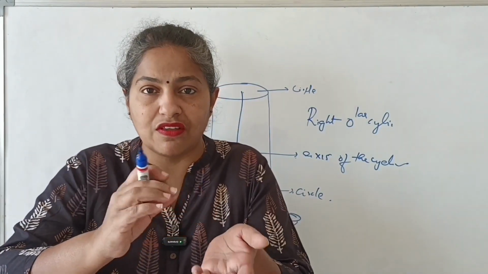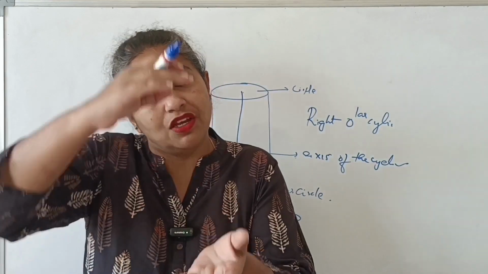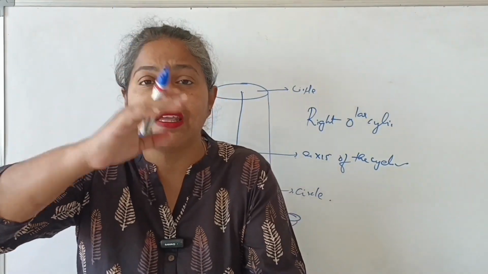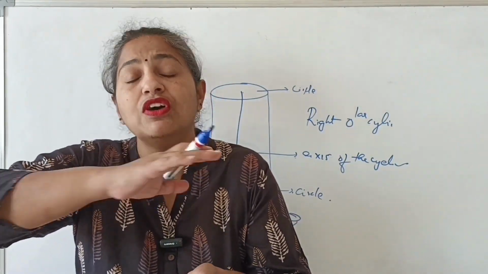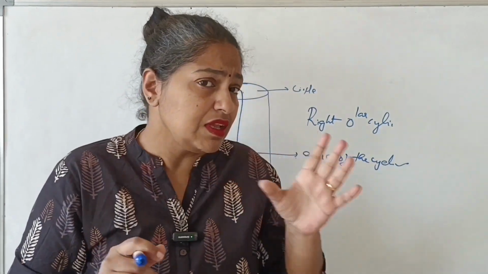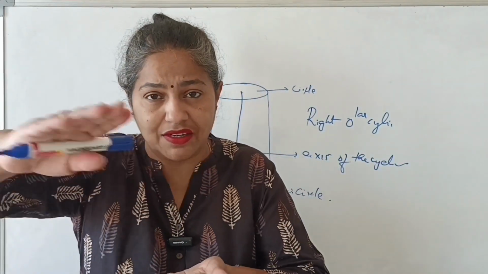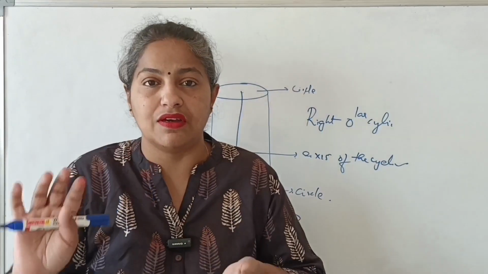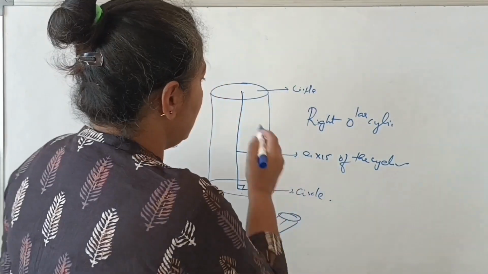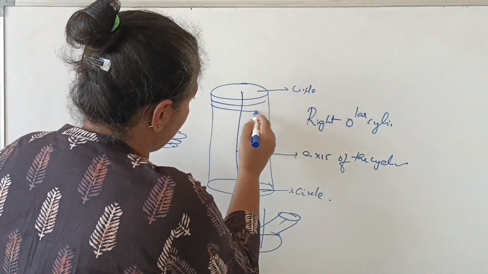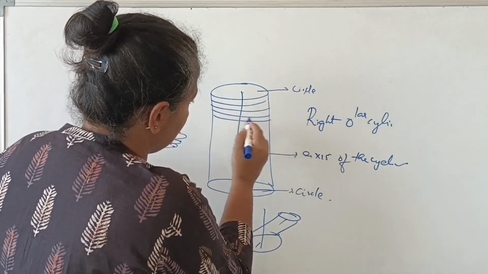If you stack all those discs back, you will get a cylinder. So if you keep slicing the cylinder, what you get are circular discs. So a cylinder can be said to be composed of circular discs.